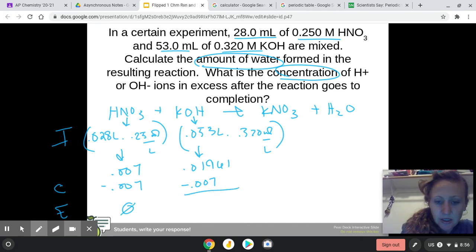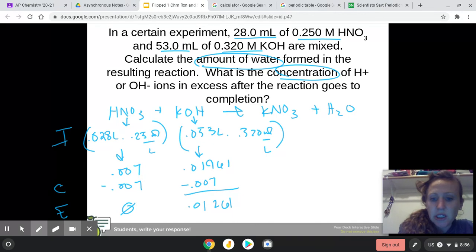And then in this one, I'm going to have that much. Then I'm going to add the same amount because it's all a 1-to-1 ratio.